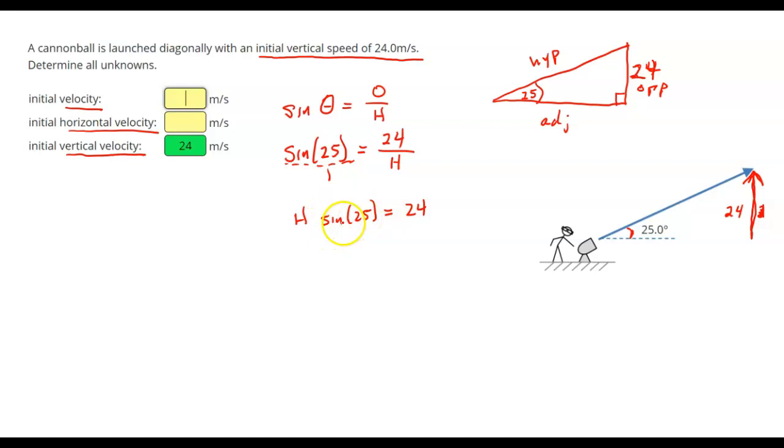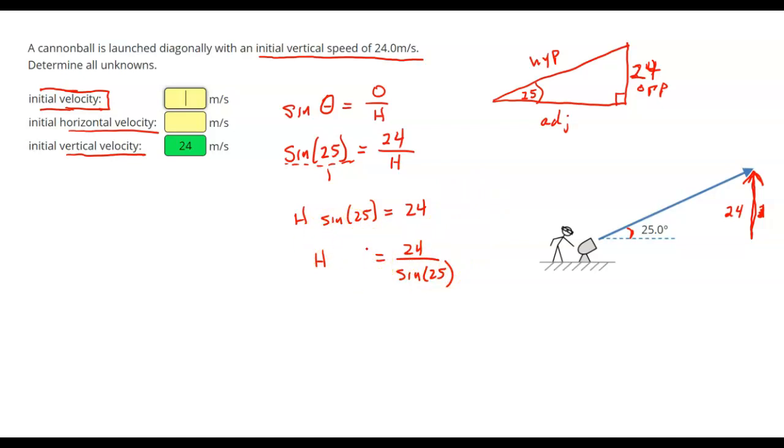And so we divide both sides by sine 25, and we get hypotenuse equals 24 divided by sine 25. And the hypotenuse represents the initial velocity, not any particular component of the initial velocity, but the initial velocity coming out of the cannon. Okay, so we can solve for that.